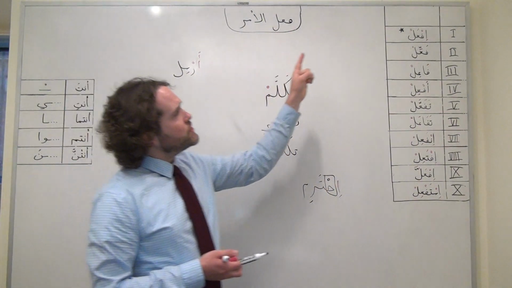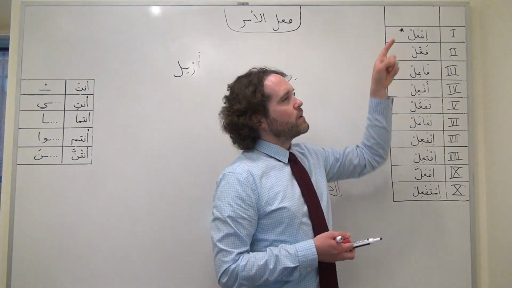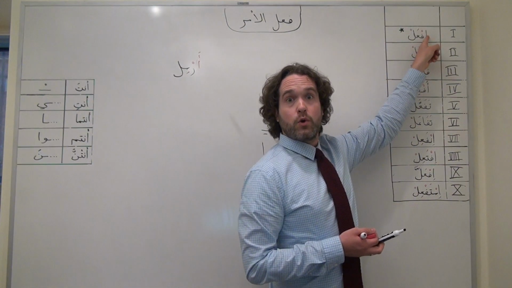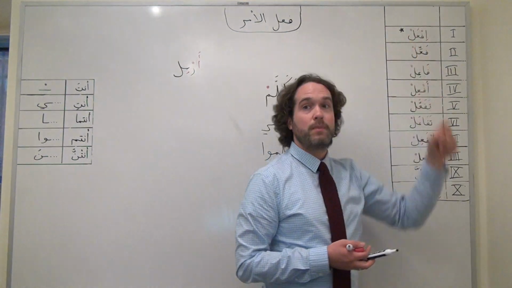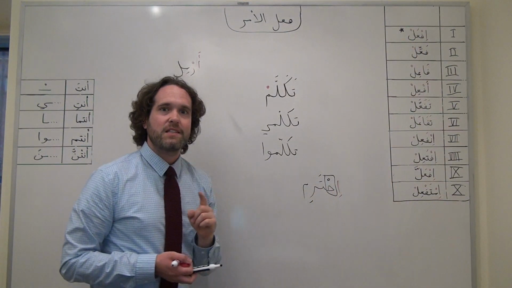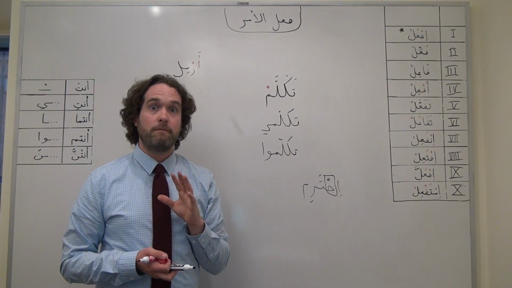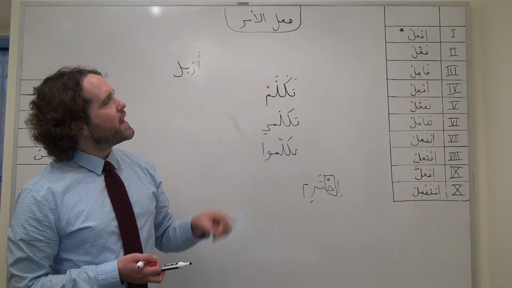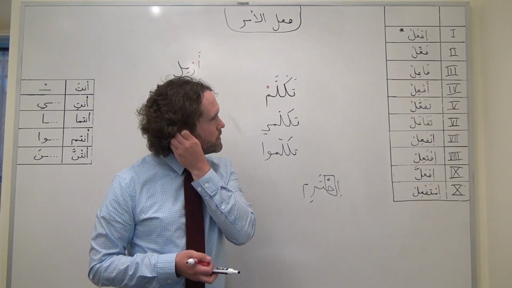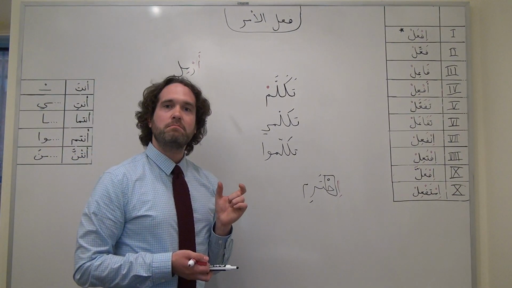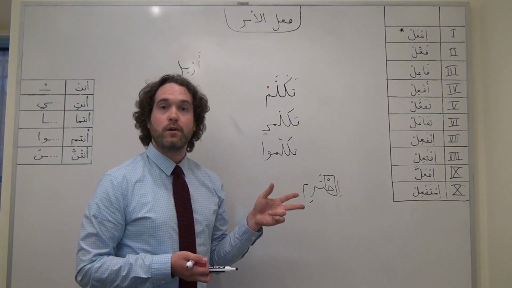I also want to bring your attention to this little asterisk up here on form 1. Form 1 also obeys the same rule. We have to add a helping vowel at the beginning, but the vowel can take different forms depending on the verb. If we have a form 1 verb conjugated in the present tense, the middle vowel might be any of the 3 vowels that we have in Arabic.